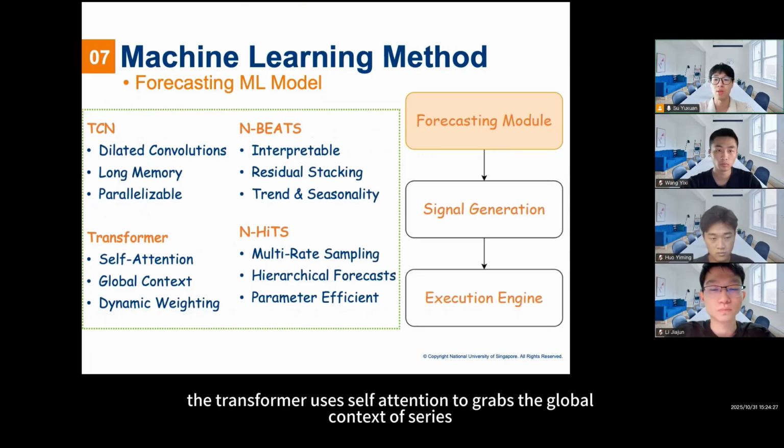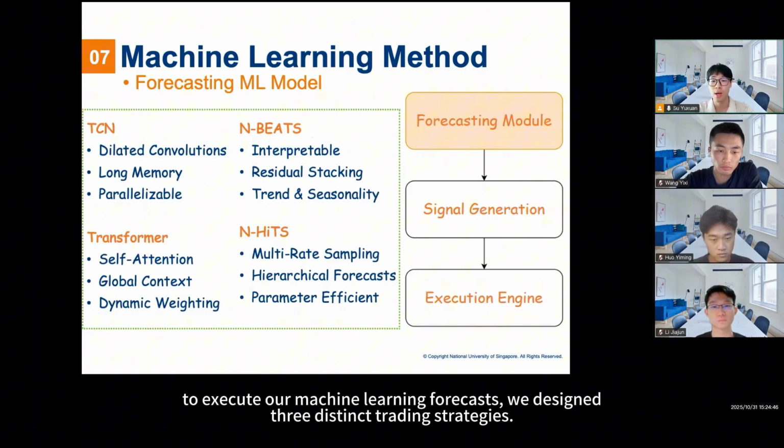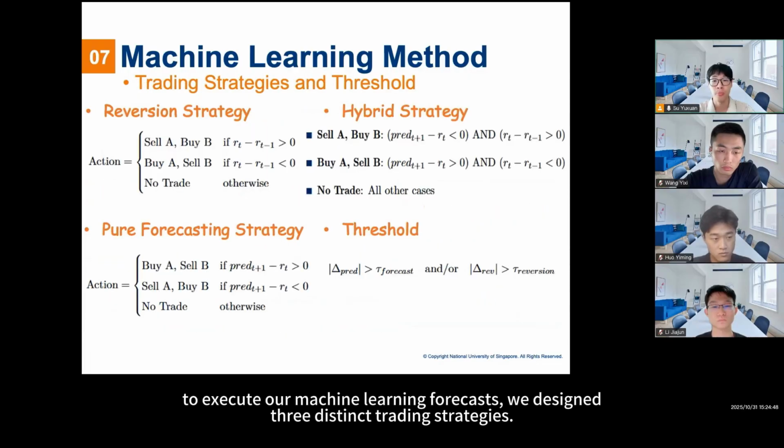The Transformer uses self-attention to grasp the global context of the series. N-BEATS is valued for being interpretable, composing patterns via residual stacking, and NHITS improves upon it with multi-rate sampling for highly efficient hierarchical forecasts.